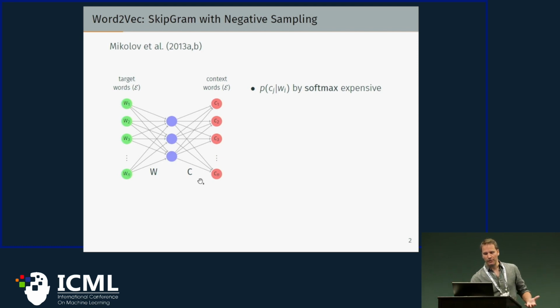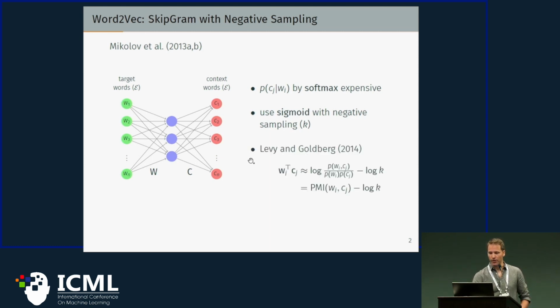The original paper by Mikolov starts by considering this distribution over all context words given a target word by computing the softmax over this layer here. But for computational reasons, they changed that to use a sigmoid function with so-called negative sampling.